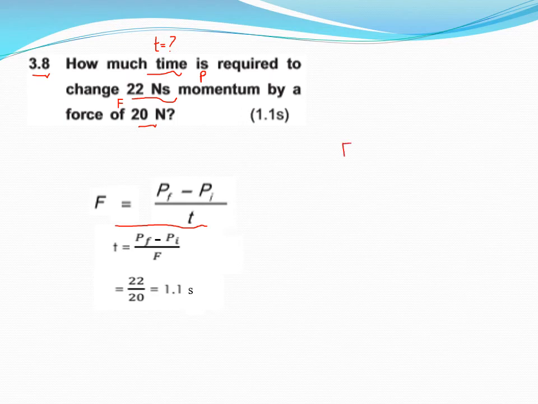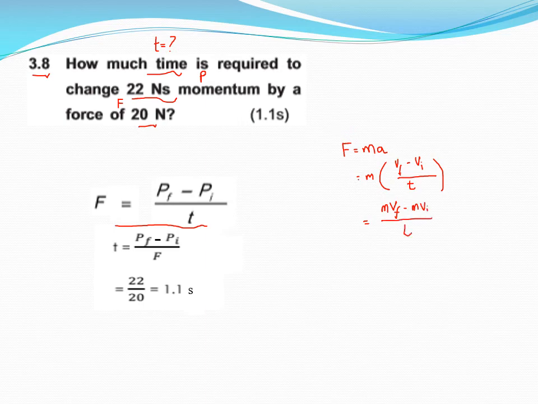Suppose you are having F is equal to ma, and you know acceleration is rate of change of velocity, Vf minus Vi by t. Now multiply m inside the bracket. You are having m Vf minus m Vi divided by t.